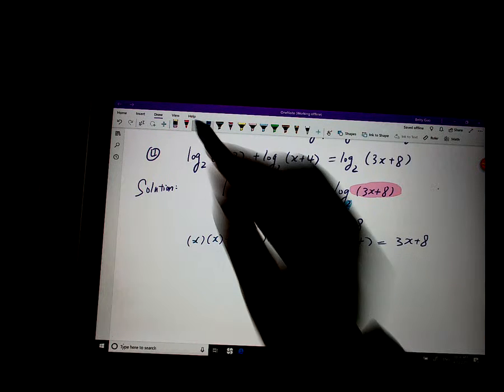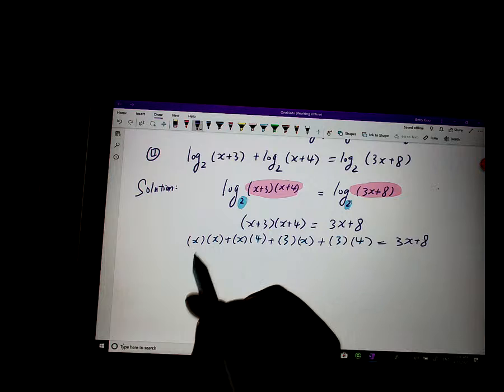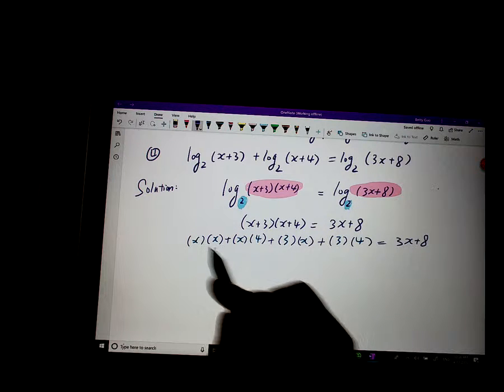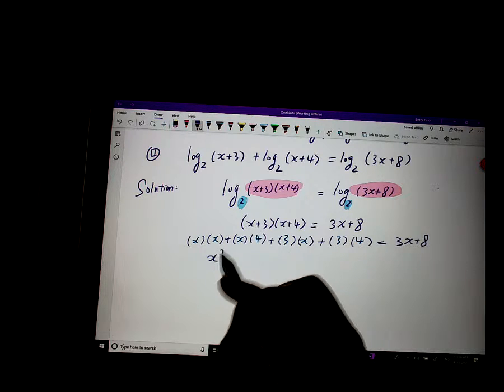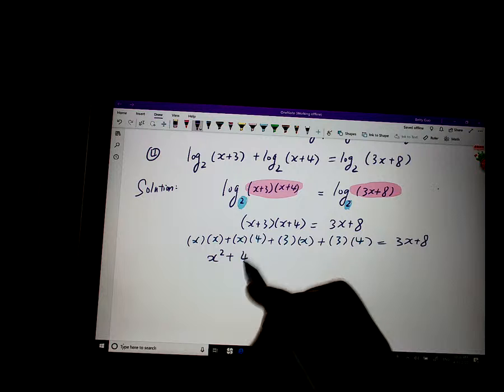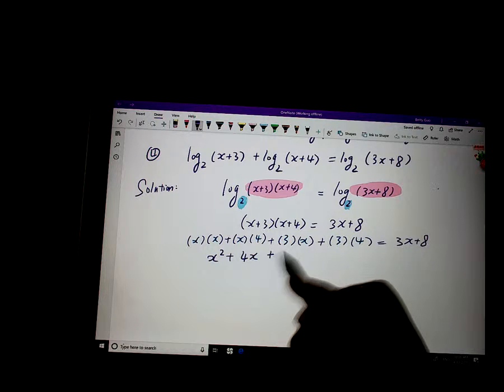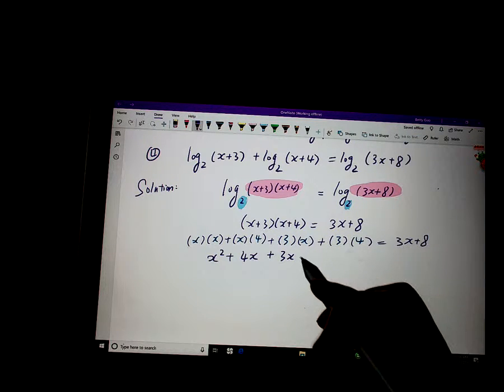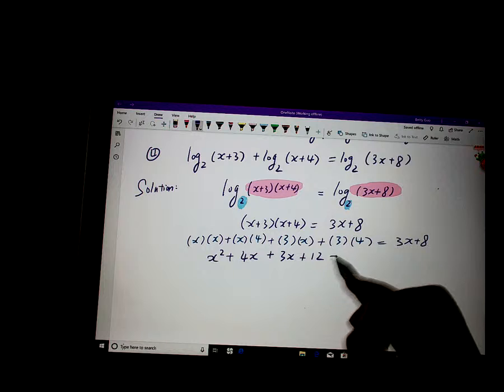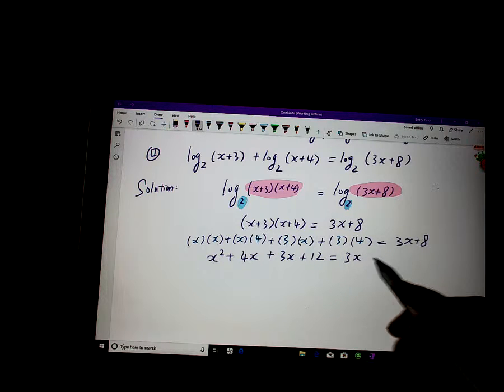And then we organize, multiply the terms. x times x is x squared, it's not 2x, okay? x times x is x squared. 4 times x, 4x. 3 times x, 3x. 3 times 4, 12, equals 3x plus 8.